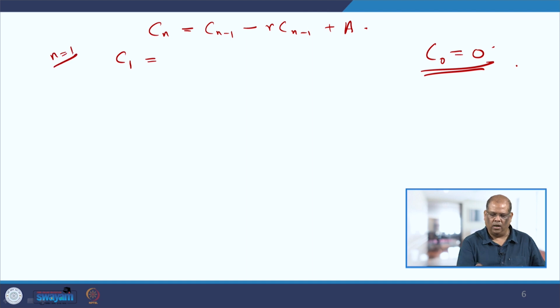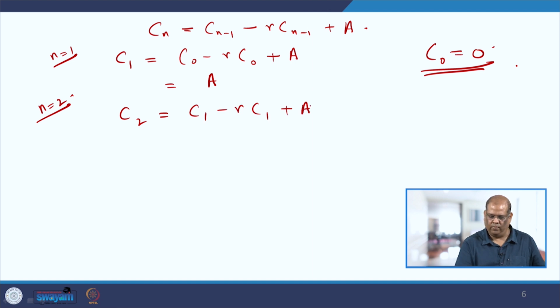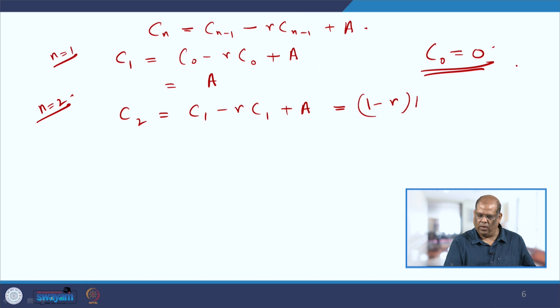Putting n equal to 1, C1 is C0 minus R times C0 plus A, and since C0 is 0, I only have A. Similarly, putting n equal to 2, I get C2, which is C1 minus R C1 plus A. Since C1 is A, this is (1 minus R) times A plus A, and this can be written as (1 plus (1 minus R)) multiplied by A.